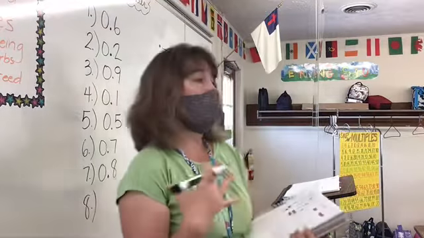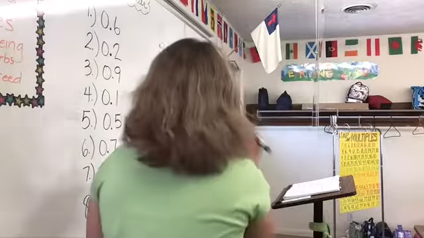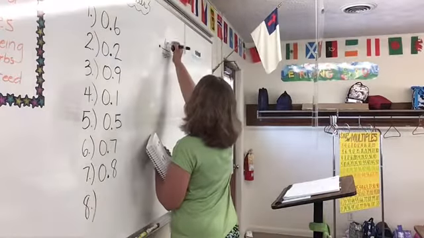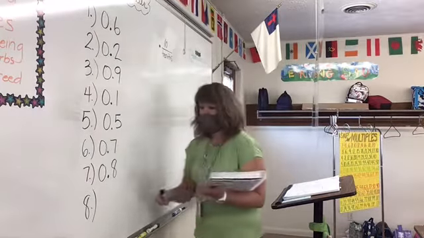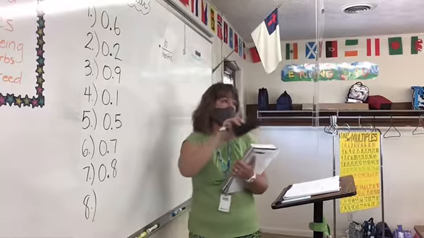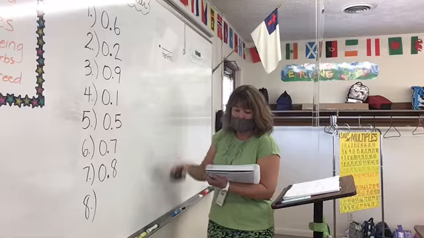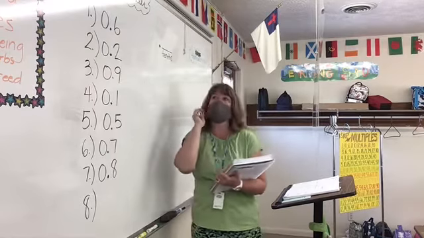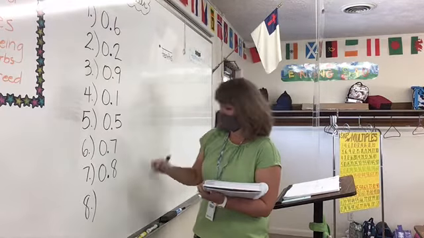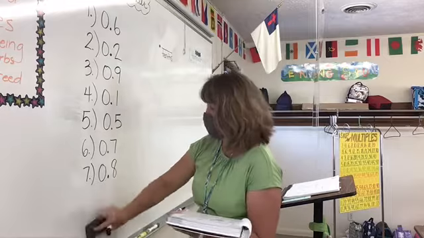Can we put a 10 in one of the place values? No, you can only put 1 digit in each place value. So we can't write 10 tenths. Now, the way we would write that, I'm going to write it up here so it's higher.